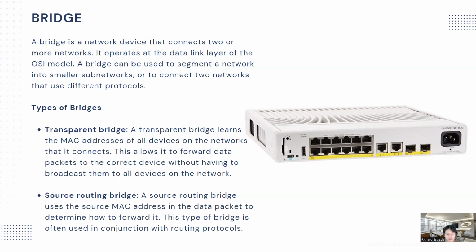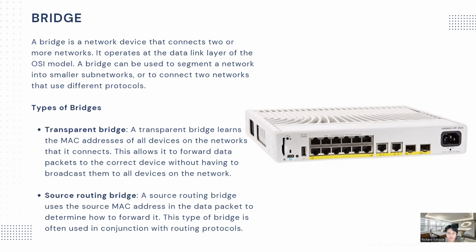A transparent bridge learns the MAC addresses of all devices on the networks that it connects, and this allows it to forward data packets to the correct device without having to broadcast them to all devices on the network. And then the source routing bridge uses the source MAC address in the data packet to determine how to forward it.